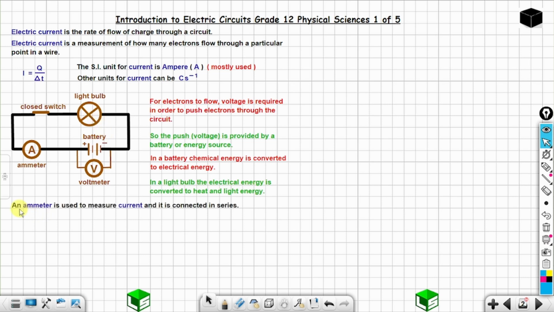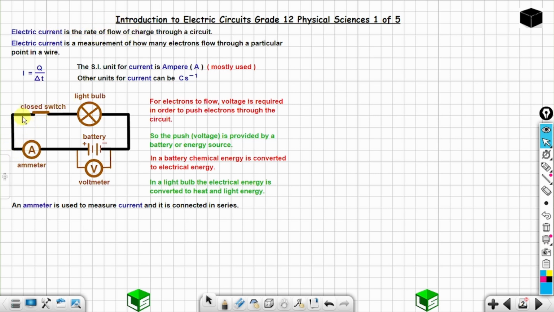An ammeter is used to measure current and it is connected in series. Remember, current is a flow.